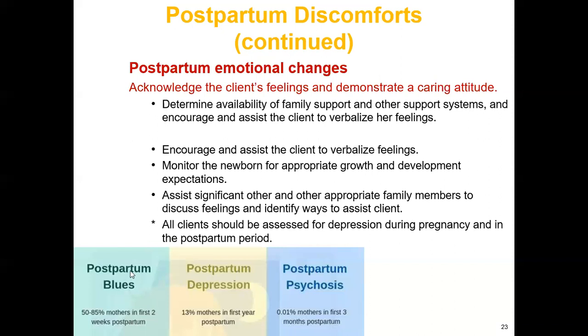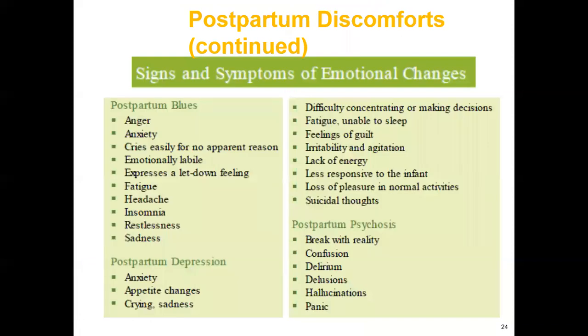We call this postpartum blues. 30% of mothers in the first year have this type of problem. We call this postpartum depression. 0.01% of mothers in the first 3 months have this psychiatric problem, which we call postpartum psychosis.